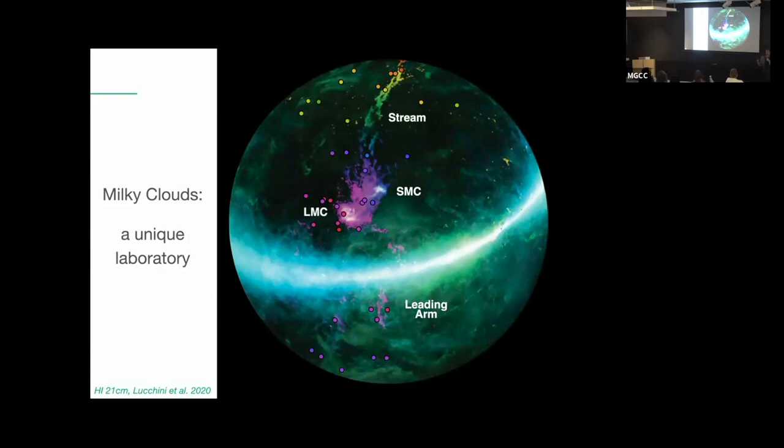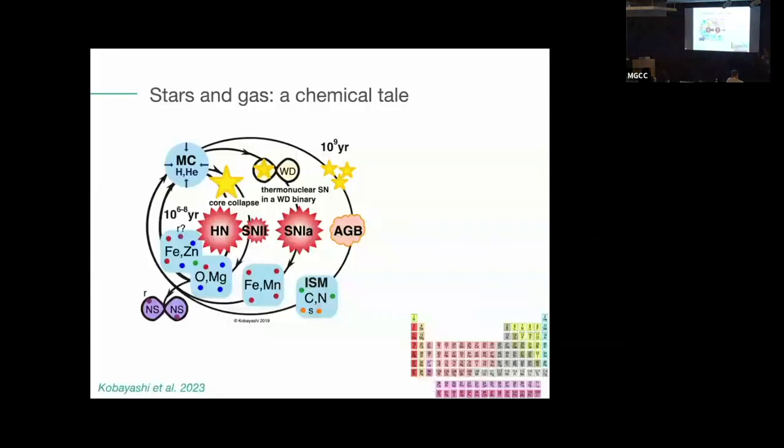For me, they're very special because they're a unique laboratory to test the chemical evolution of galaxies, because that's one place where we can compare the chemical properties of the stars and the chemical properties of the gas. So as David said this morning, the interplay between gas and stars is fundamental for the chemical evolution of galaxies.